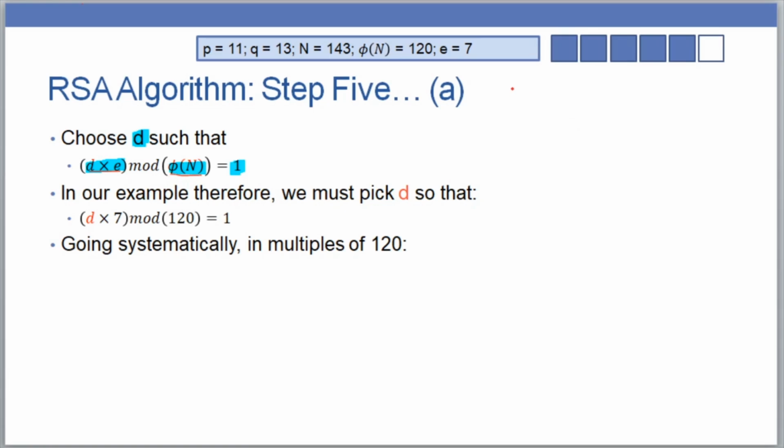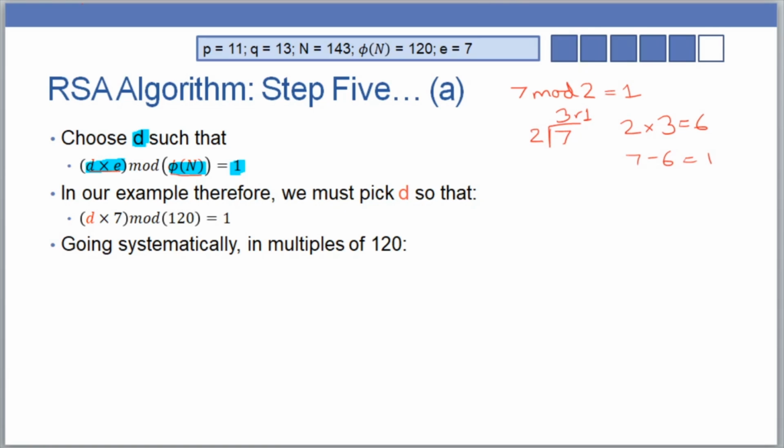For example, if we were doing 7 mod 2, this would be the remainder left after 7 is divided by 2. 2 times 3 equals 6, 7 minus 6 equals 1, and so 7 divided by 2 would give 3, remainder 1. Therefore 7 mod 2 equals 1.